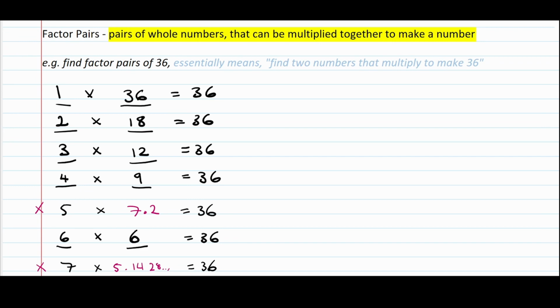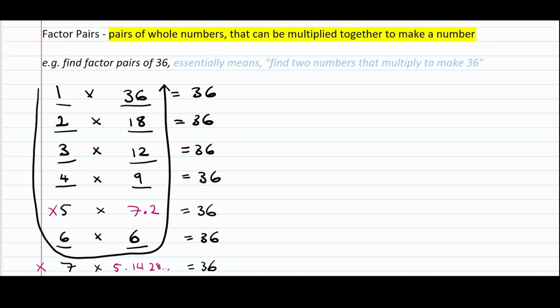And it's at this point right here, when we found 6 times 6 to be a factor pair of 36, that's when we hit the limit. Because if you look at the values of these factor pairs, not including the 5 times 7.2, they go in a sort of U shape in terms of their value and order.